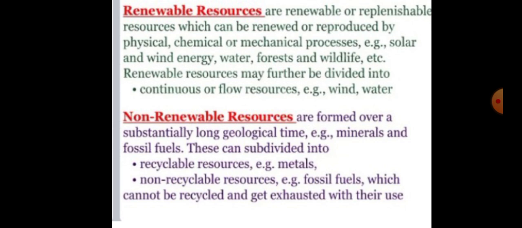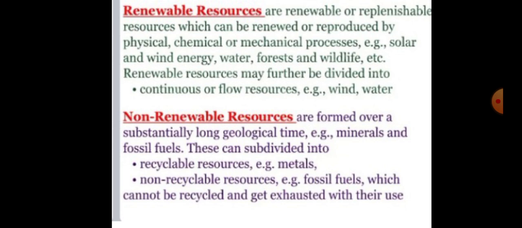Non-renewable resources are formed over a substantially long geological time. It takes a long period. For example, the fossil fuels. It takes millions of years for coal to form.